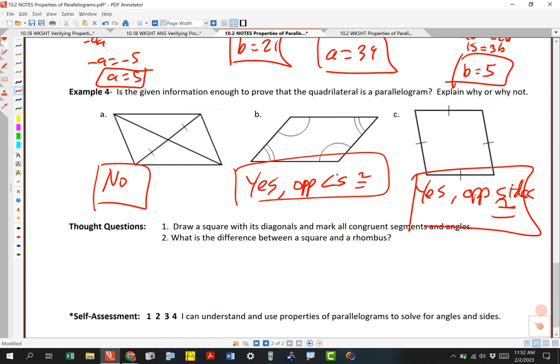Draw a square. Mark everything that's congruent. And on the diagonals, anything else?